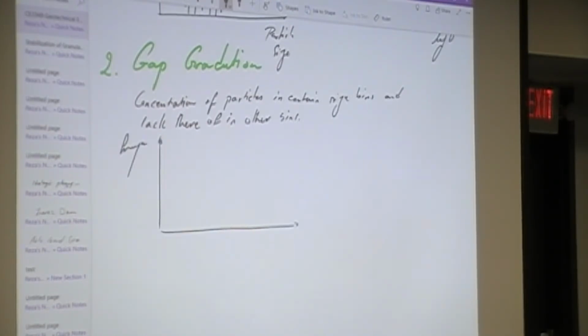Again, we have frequency here, and we have particle size.